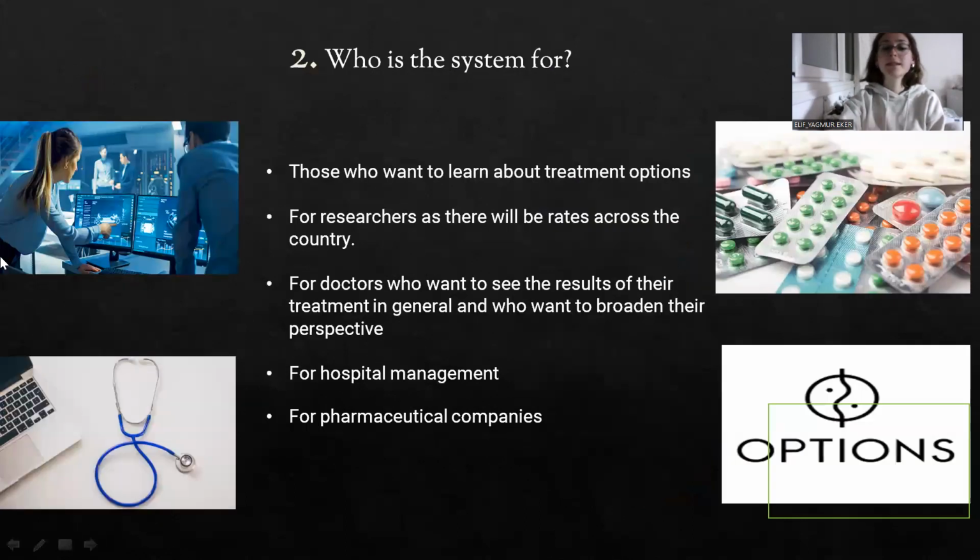The second question is, who is the system for? For those people who want to learn treatment options and treatments. For researchers who want the rates for the whole country, to reach countrywide rates. It's more true.